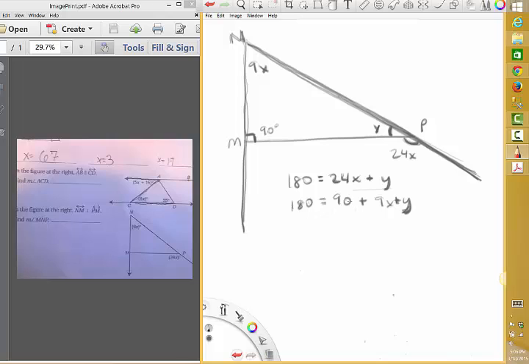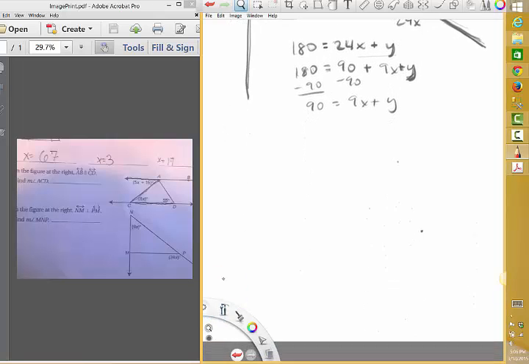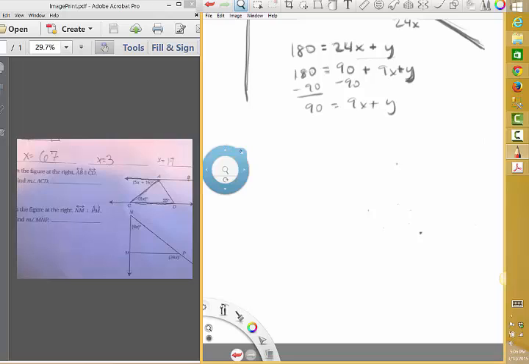But in the second equation, we have a 90 over here. So let's subtract 90 from both sides so that we get 90 equals 9x plus y. Let me move this down so I have more room. So now we have 90 equals 9x plus y, and the second equation is 180 equals 24x plus y.